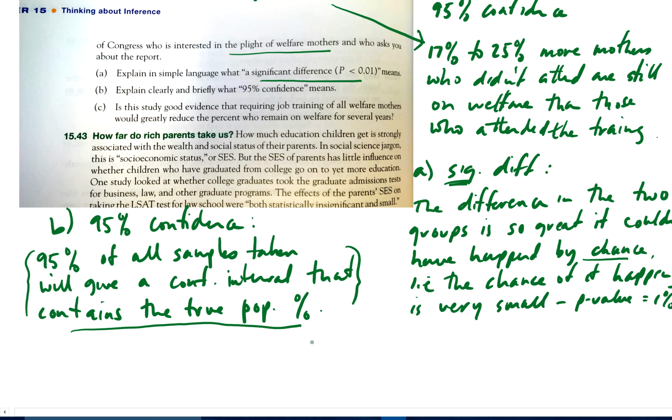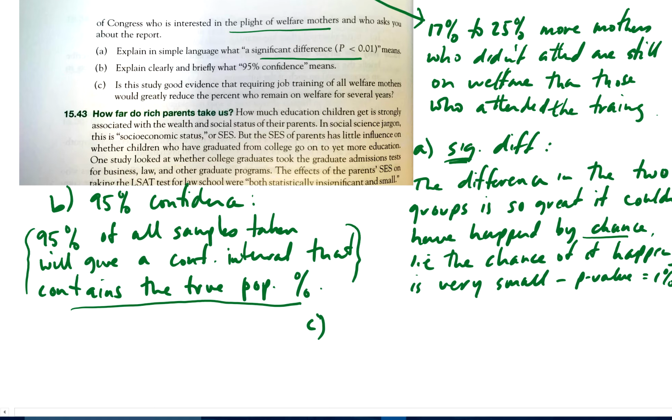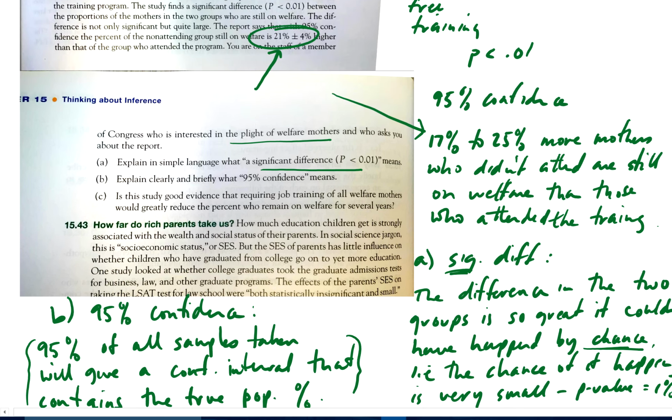C. Is this study good evidence that requiring job training of all welfare mothers would greatly reduce the percent who remain on welfare for several years? Is this good evidence? Well, since the difference didn't happen just by chance, there has to be a reason for it. And what would that reason be?